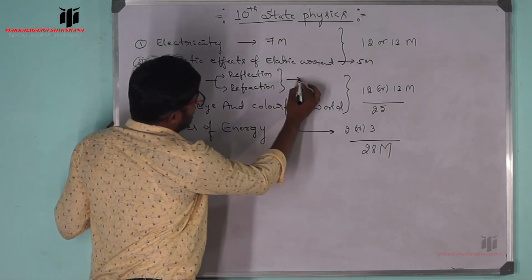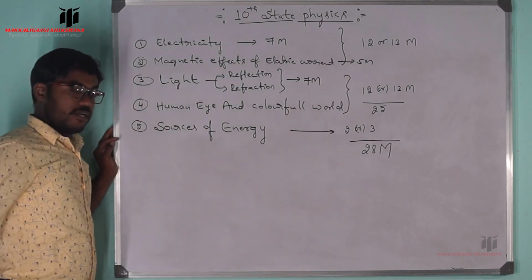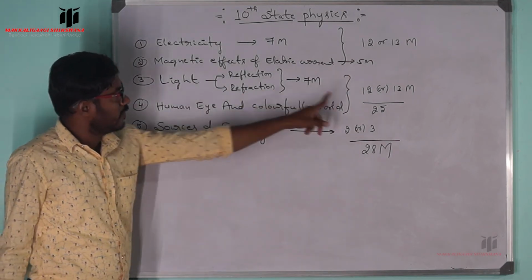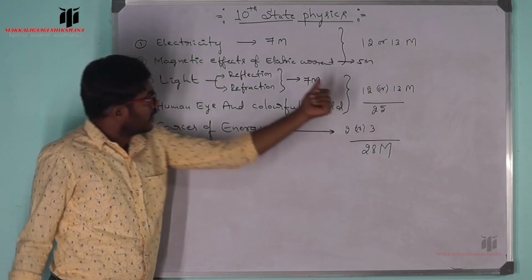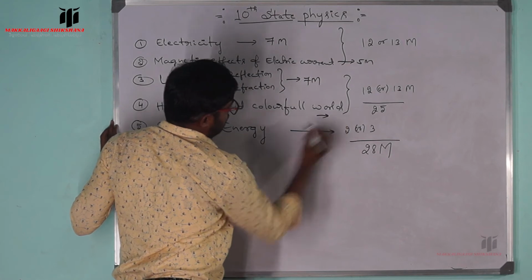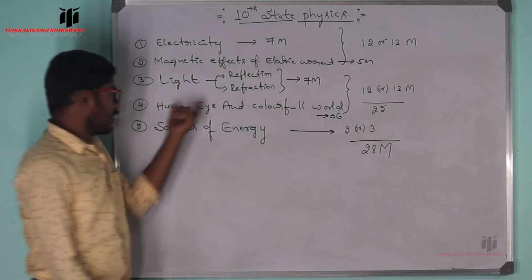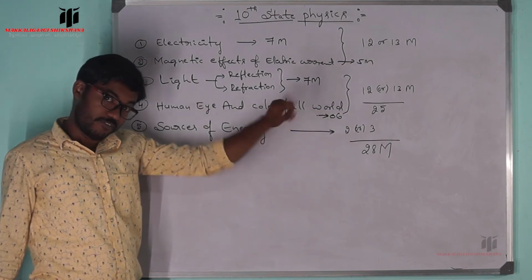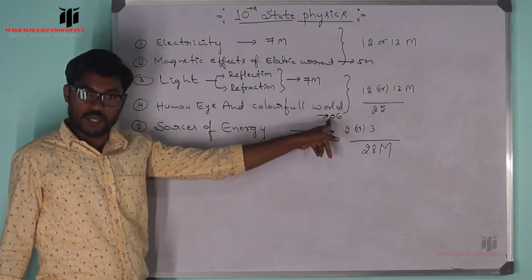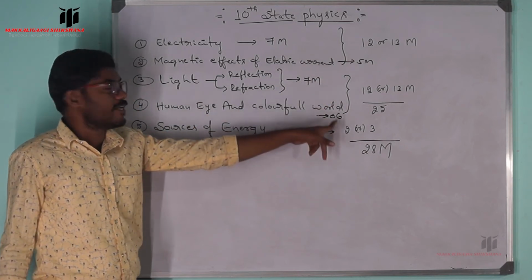They will ask nearly 7 or 8 marks from it, and from human eye and colorful world we can expect 6 or 5 marks. If they ask for 12 marks, it is 7 plus 5. If they ask for 13 marks, it is 7 plus 6 or 8 plus 5.